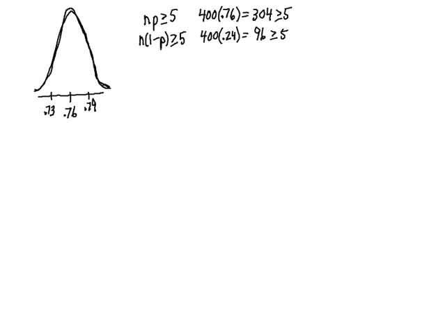Now, I've set up the interval. It says, what is the probability that the sample proportion will be within 3 percentage points, or 0.03, of the population proportion? So that's anywhere from 0.73 to 0.79. I'm also going to need the standard deviation of this distribution, and we're sampling here, so it's the standard error.